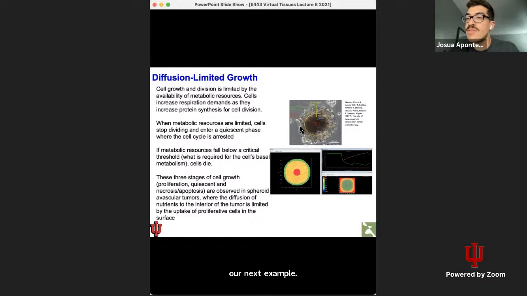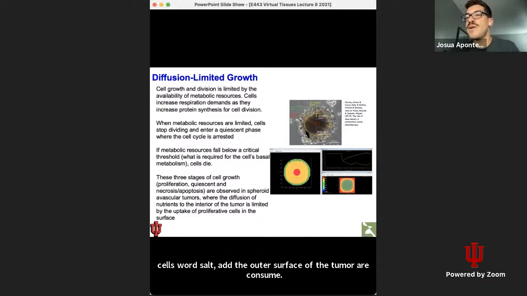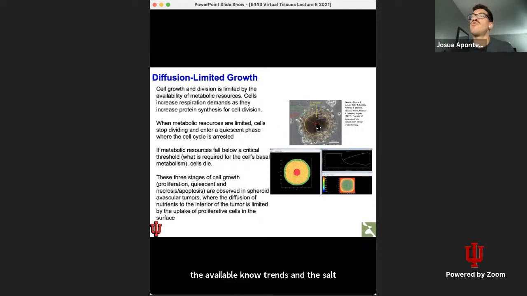But this is actually something that is observed in tumor spheroids, and it's also observed in avascular tumors in vivo, where cells at the outer surface of the tumor consume the available nutrients, and the cells in the interior of the tumor are deprived of those resources, so they die.